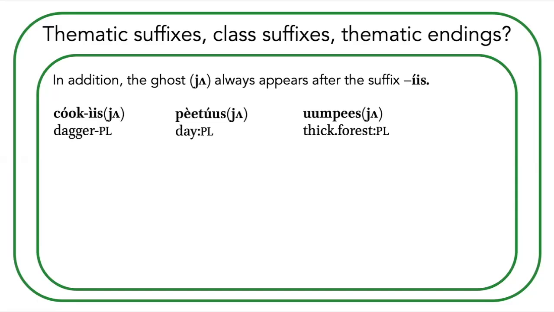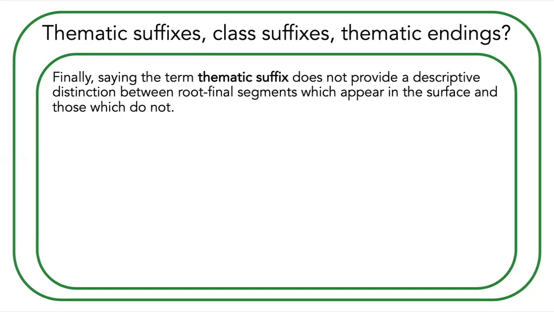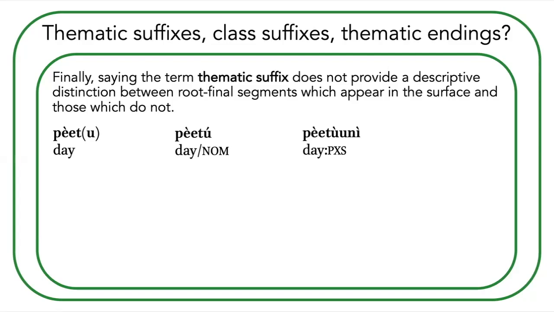It's tied to this suffix. So you can see three examples of nouns which have the same plural suffix with different endings and the same ghost segment. If we say that these segments are thematic suffixes, then we have to say that all the other similar endings will also be thematic suffixes.